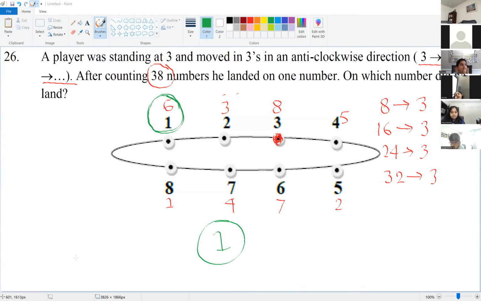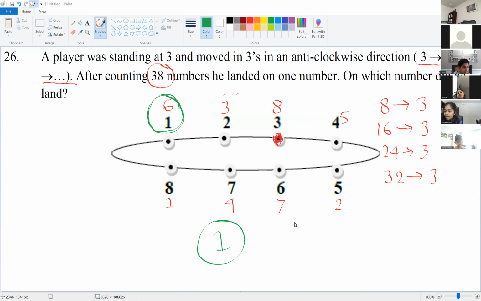You go 3 positions to the left every time. So from 3 to 8 to 5 to 2, and then to 4, and then to 7. So do you not understand the pattern? It's going anti-clockwise.